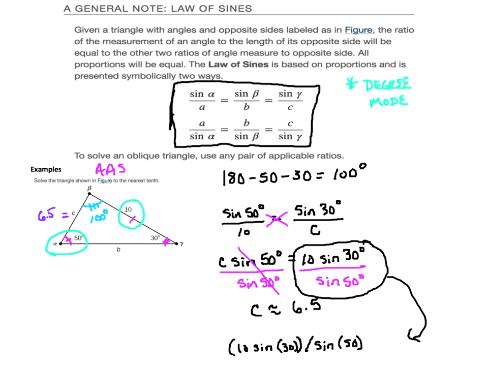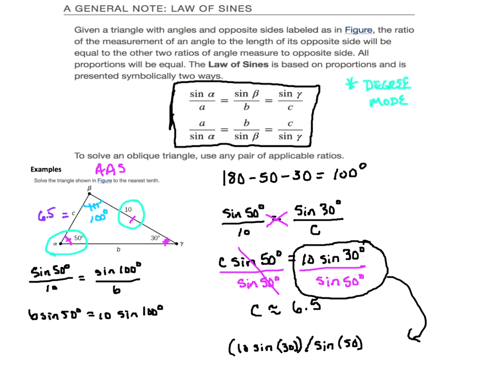So I have that same proportion set up. The sine of 50 degrees over 10 has to be equal to the sine of 100 degrees over side B. Cross multiply, and when I do that, I get B times the sine of 50 degrees is equal to 10 times the sine of 100 degrees.